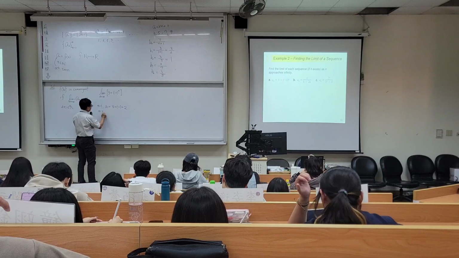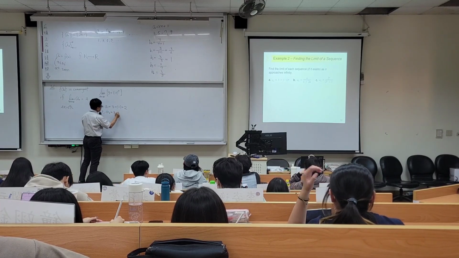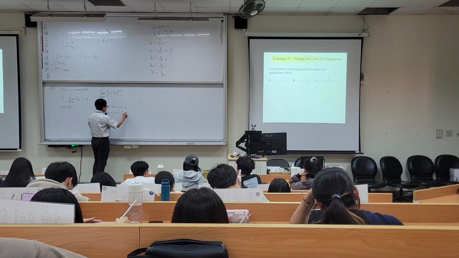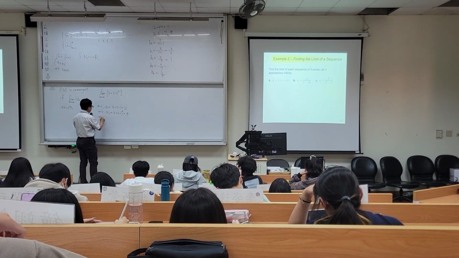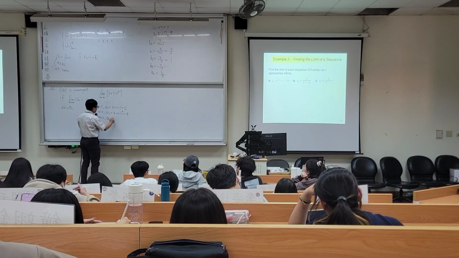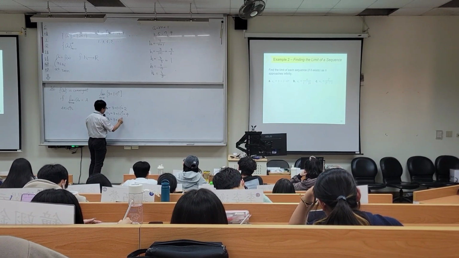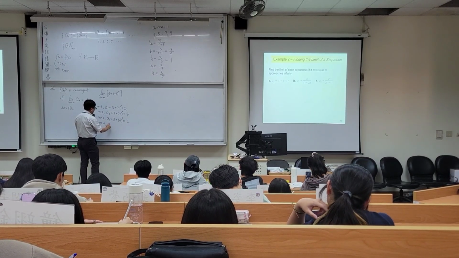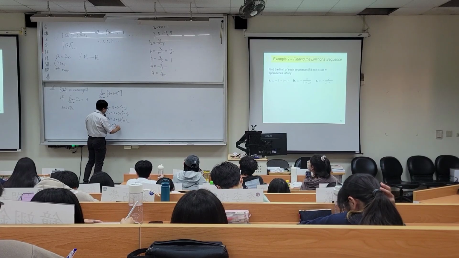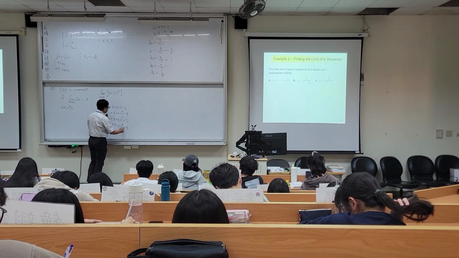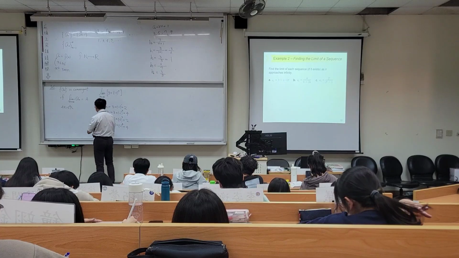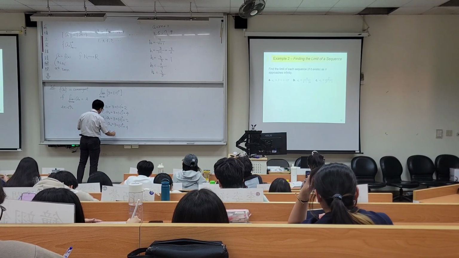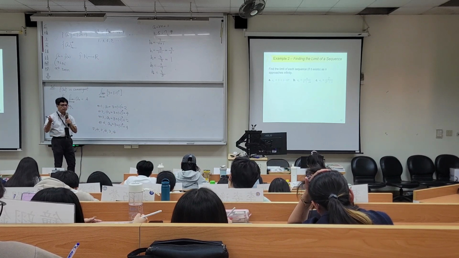When n is 2, a2 is equal to 3 plus (minus 1) squared, so it equals 4. And when n is 3, a sub 3 equals 3 plus (minus 1) to the 3rd power, so it equals 2 again. And when n is 4, a sub 4 equals 3 plus (minus 1) to the 4th power, which equals 4. So you will see the sequence will be 2, 4, 2, 4, 2, 4, alternately 2 and 4.